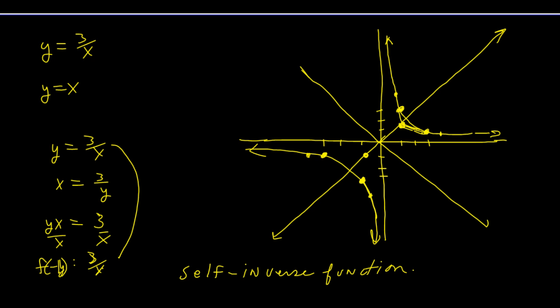So on a new graph, I want you to graph the function y equals negative 4 over x. And I want you to notice that the negative reflects the graph across the y-axis. So when I have negative 4 over x, when x is 4, y is negative 1.